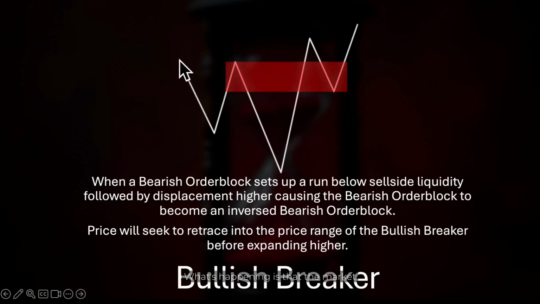The market is dropping lower, sell-side liquidity gets engineered, a retracement higher takes place, and we then see the market drop lower one more time, taking out sell-side liquidity below this low, reaching a point of interest.